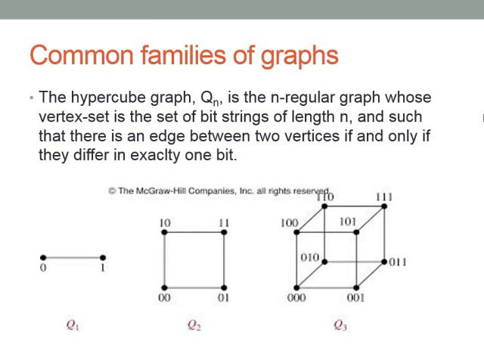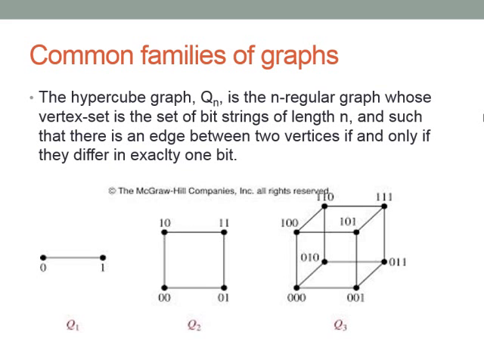Our final special class or family of graphs for this video is the hypercube. Now the hypercube for any n has 2 to the n vertices. So if n is 1, there are 2 vertices.